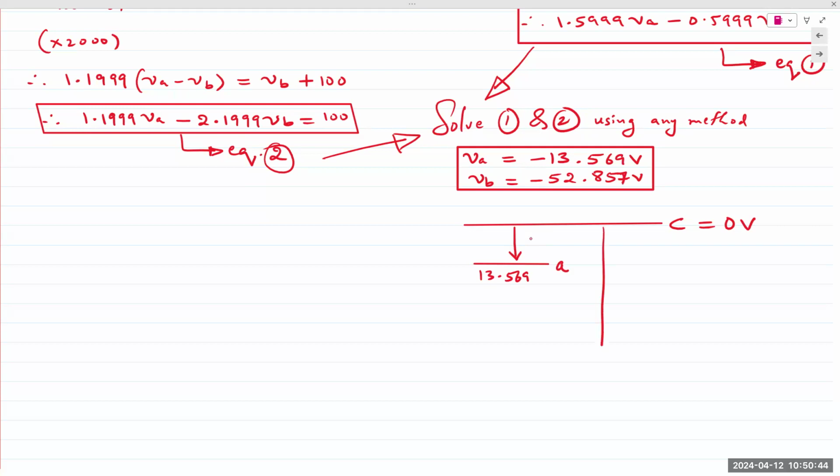And this is the reason why it does not matter what you choose as your reference point. B is 52.857 volts. Let's say these 5 students choose C as their reference and the rest of the class chooses A as their reference.